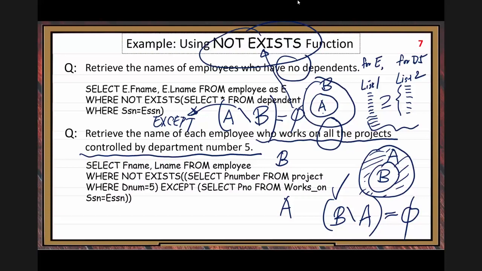All, because after you remove one set from another set, not exists, that would give you the all requirement. So this all has some connection with negation in logic.